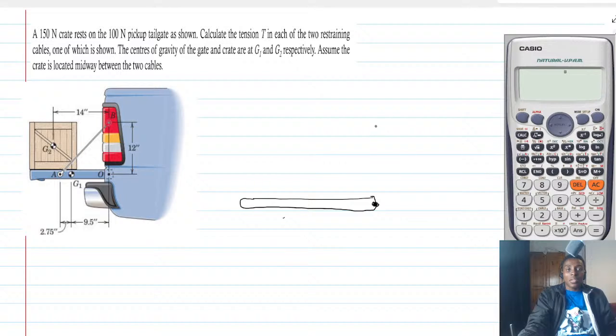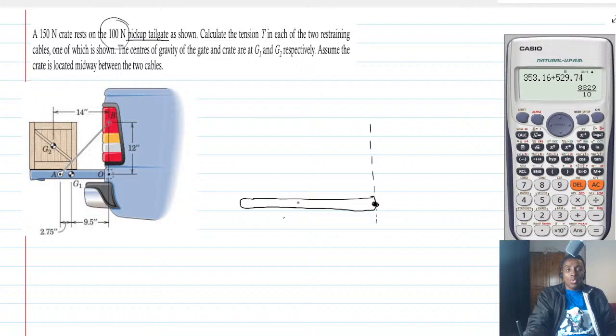Okay. So actually, it is hinged to the car. Let's assume that from this direction all the way here is the car. Alright. So this part is what we are calling the pickup tailgate.